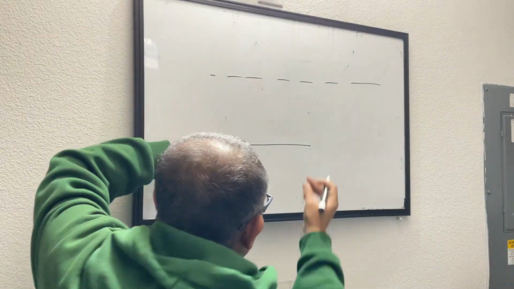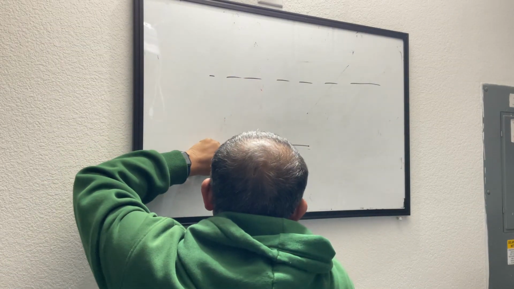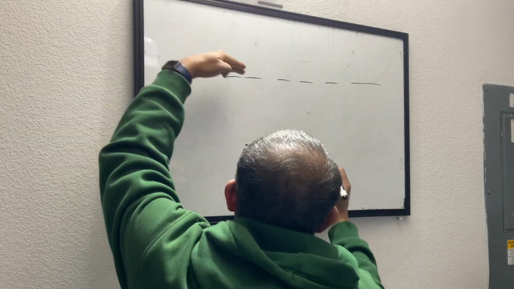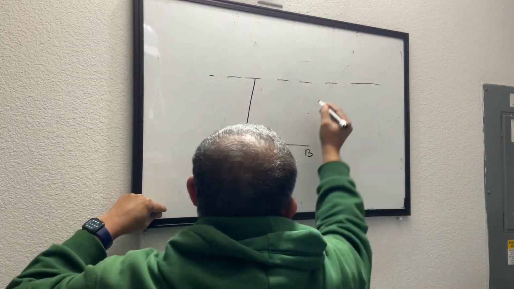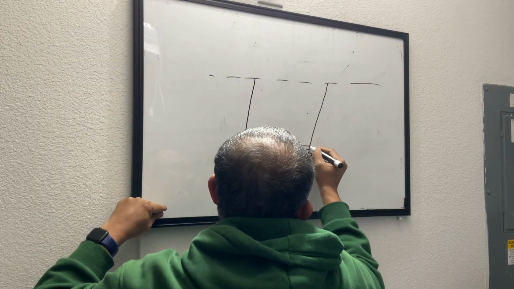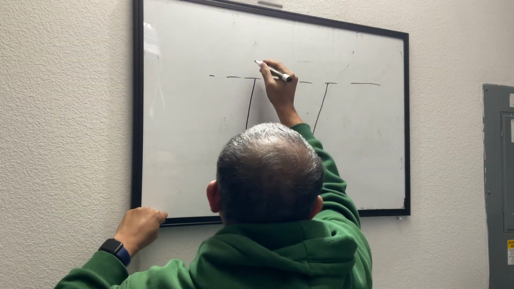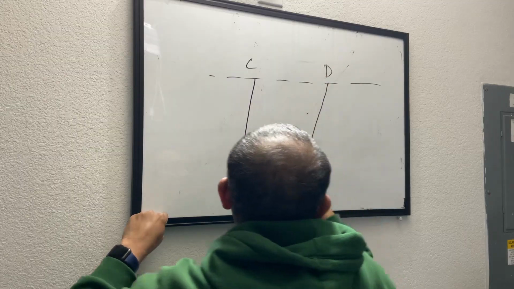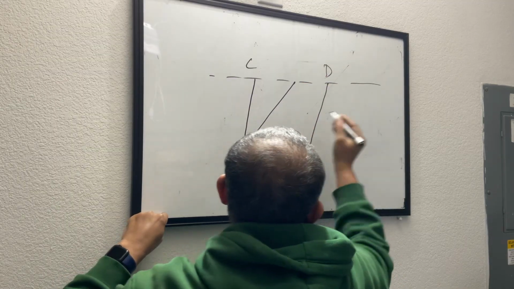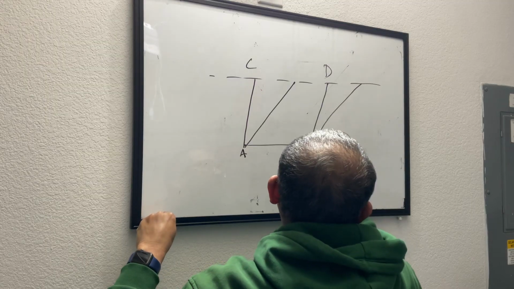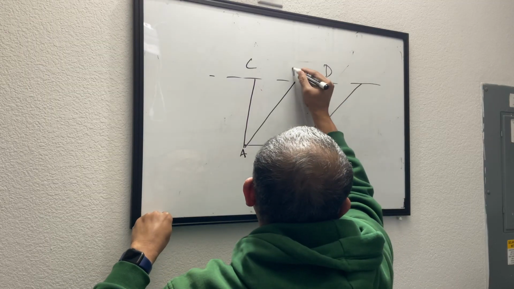That means if I keep my base fixed and there's a parallel line, if I'm drawing a parallelogram like this versus, let's say, CD, versus I'm drawing a parallelogram like EF.